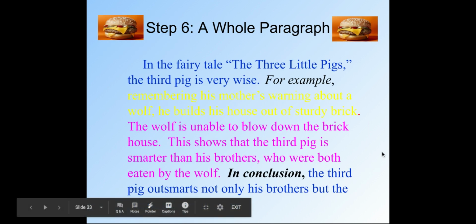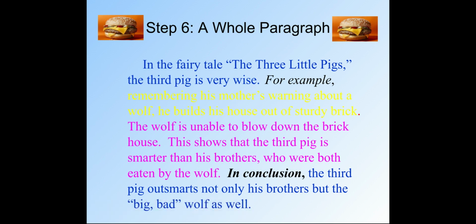Here is step 6. Here is you looking at the whole entire paragraph. So you see that my topic sentence and my closing sentence are both in blue. My concrete details in yellow, and my two commentary sentences are in pink. Okay. So basically, what is that saying? That a paragraph for you should roughly be 1, 2, 3, 4, 5 sentences, right? Isn't that what you've always learned?